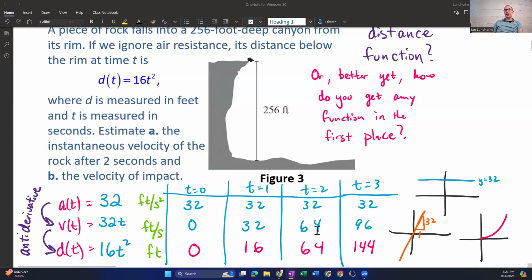We're going to be expecting a number 64 here. But if we didn't have an acceleration function or velocity function or a distance function, how might we use, or sorry, we do have the distance function. If we use the distance function, how could we approximate a velocity from that?